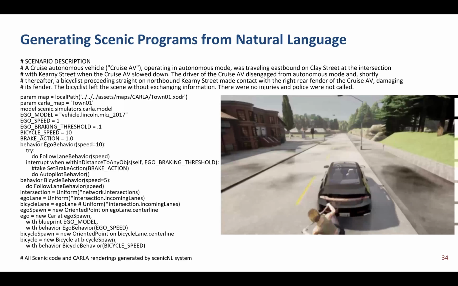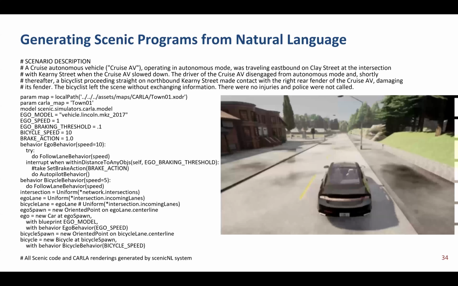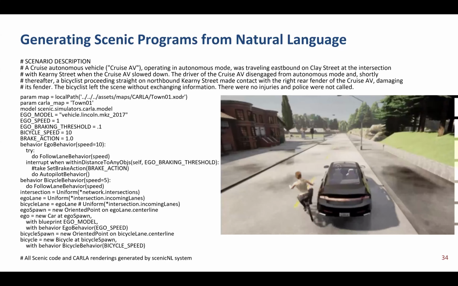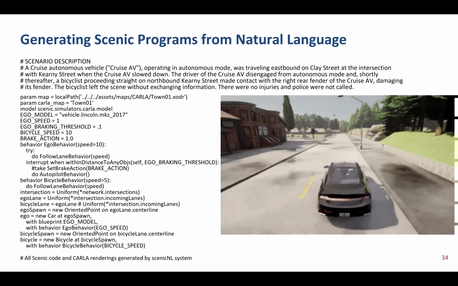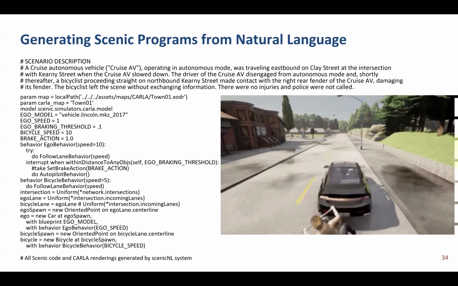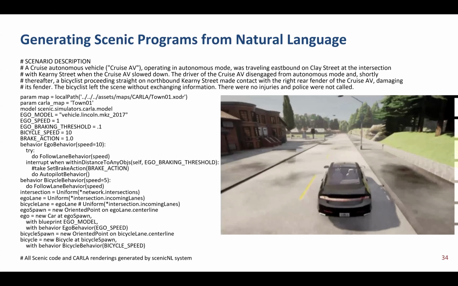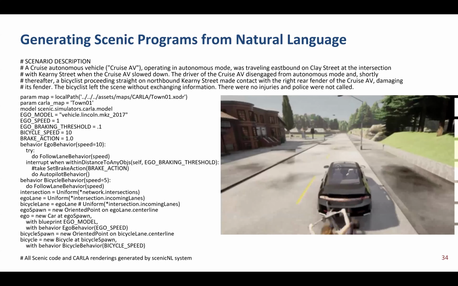And then I'm sure all of you have been not listening to me, but watching the video played down there. That's the recreation of what happens in CARLA when you run the generated Scenic code, which is on the left. As you can see, it's a reasonable recreation, because there is a bicyclist and there is a car, and the bicyclist does hit the fender and does leave the scene.